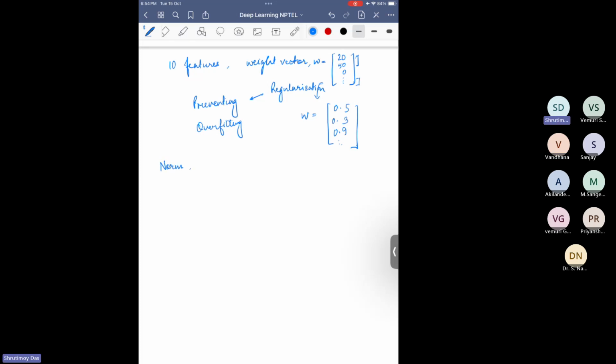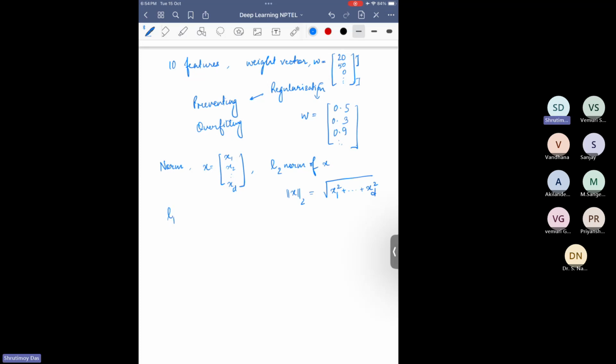It basically says you have some vector x, say x1, x2, up to xd, and if I say I want to take the L2 norm of x, it is basically x1 square plus x2 square up to xd square, the summation of squares of all these terms, and then the square root.